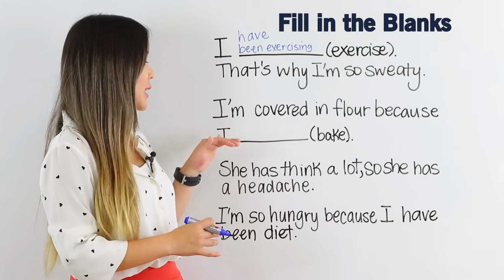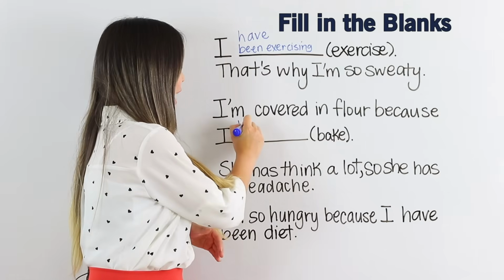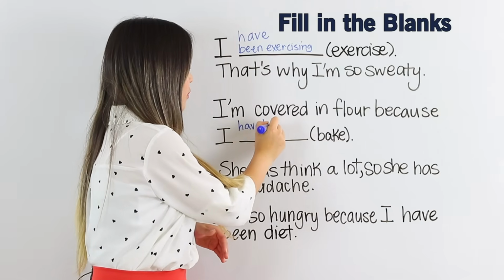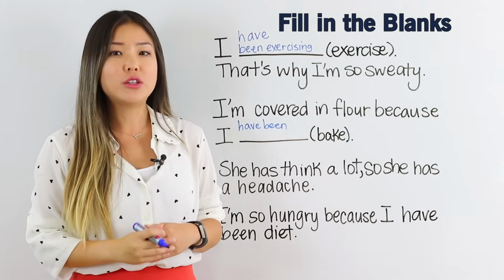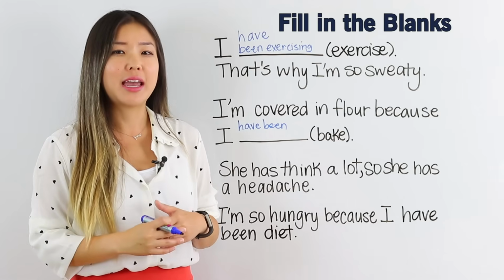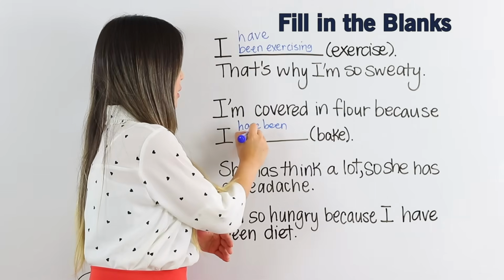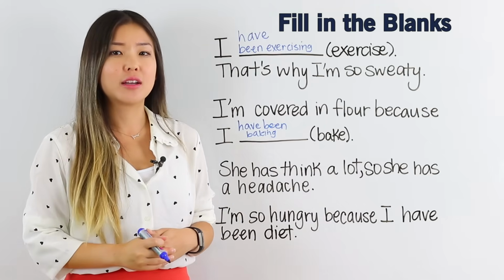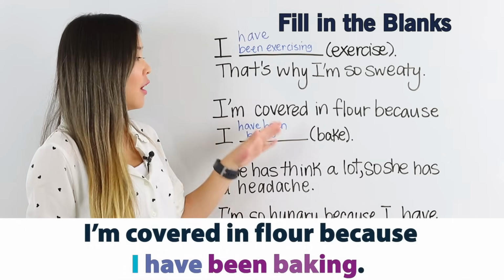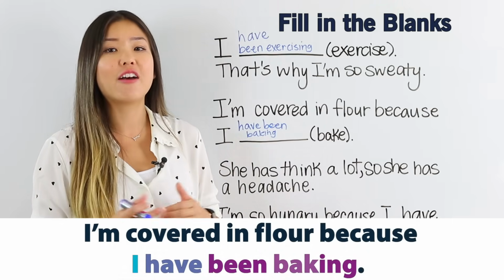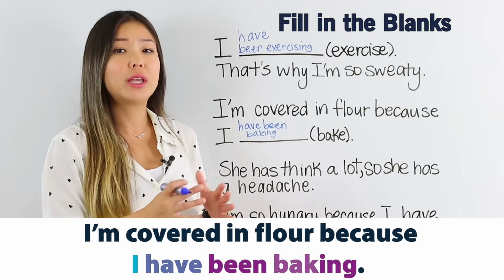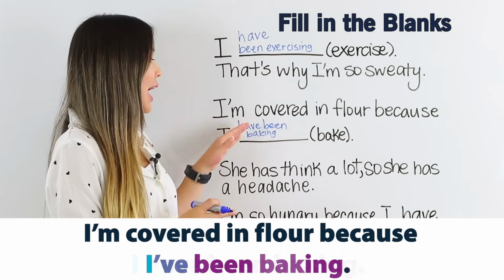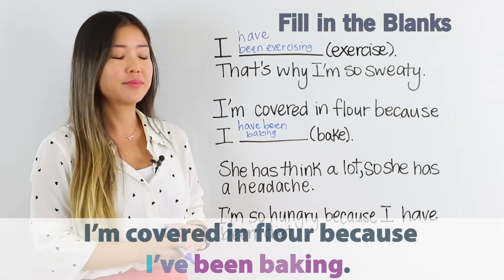Again, the subject is I, so we use have been. Then, all we do is add ing to the end of baking. I have been baking. So again, I'm covered in flour because I have been baking. And we can use the contraction and say, I've been baking.